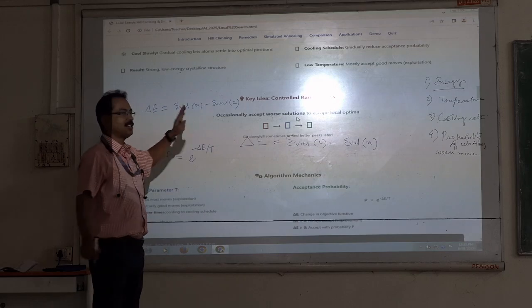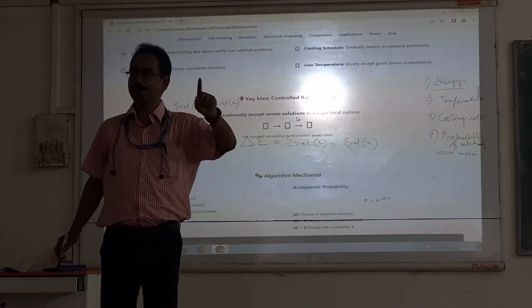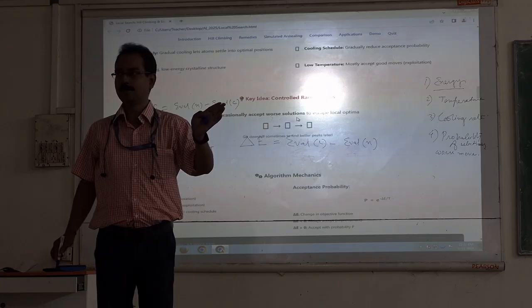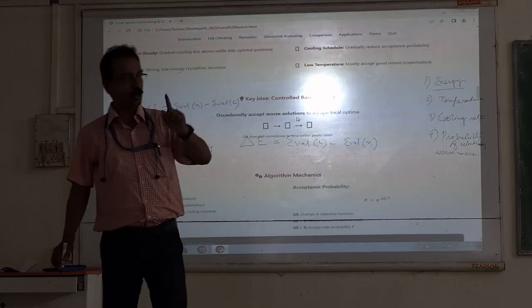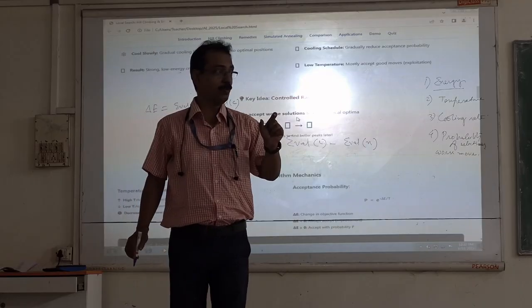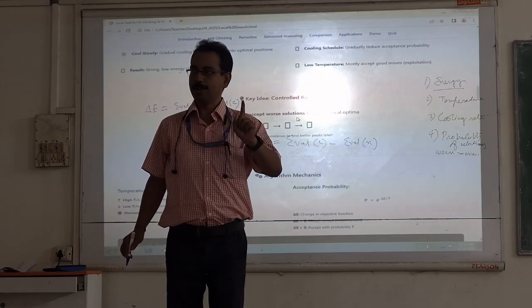It means my next state is better, so I should use the probability function in such a way that whenever I am getting a better move, I should always select it, so probability should be high, and whenever I am getting a worse move, there should be a smaller probability. Are you clear or not?